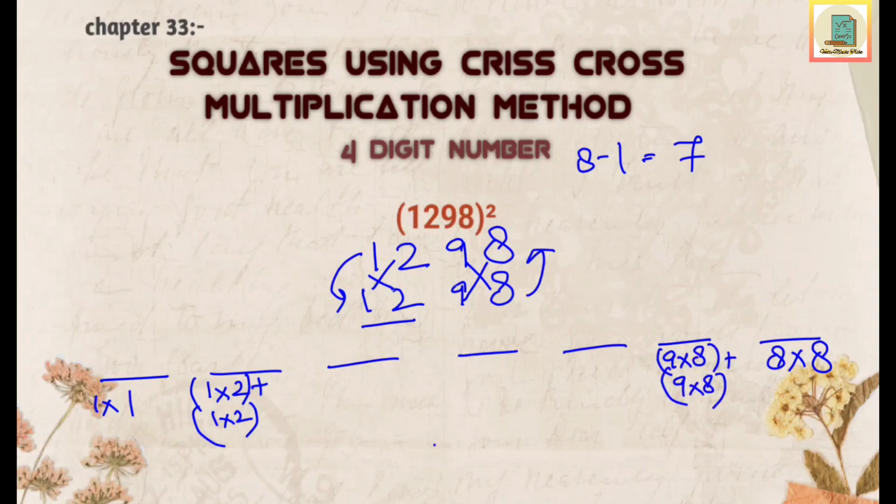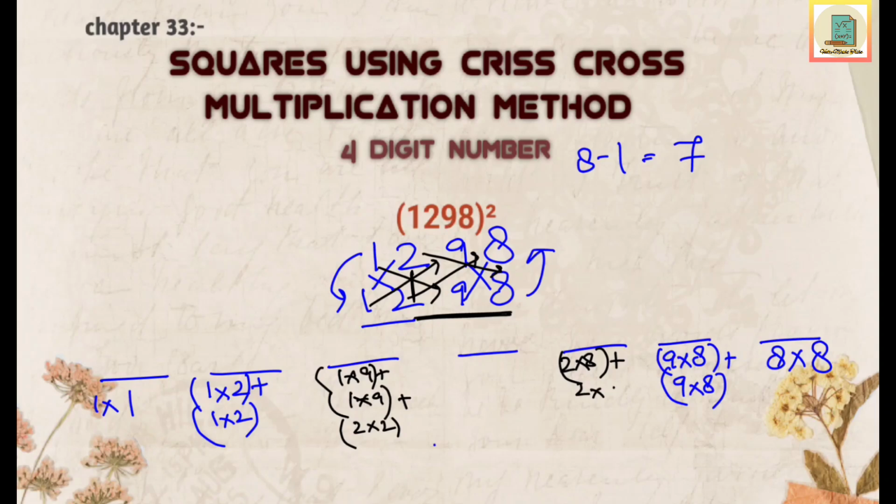Now in the third partition, we will multiply 1 by 9 plus again 1 by 9, plus the middle two digits, that is 2 multiplied by 2. Now here in the fifth partition also, we will multiply these three digits, that is 8 multiplied by 2 plus 2 multiplied by 8 plus 9 multiplied by 9.